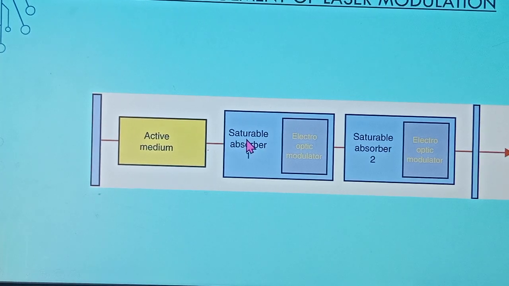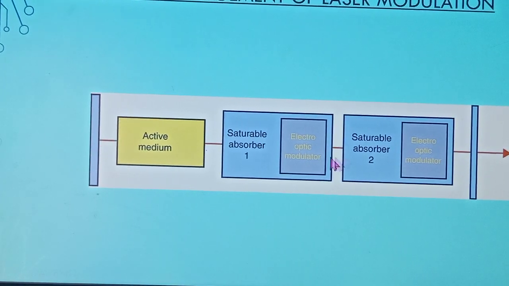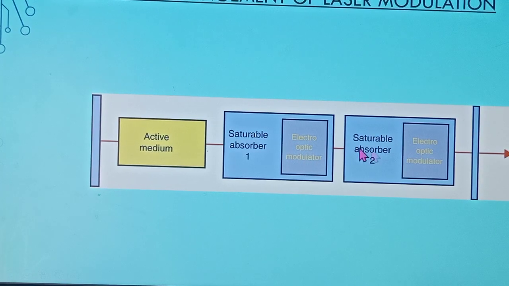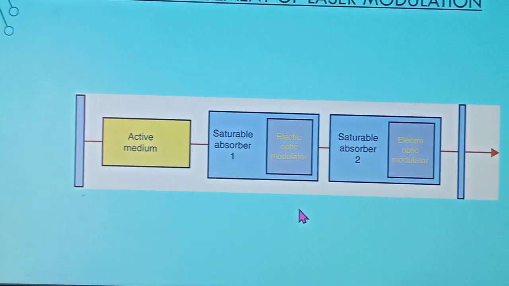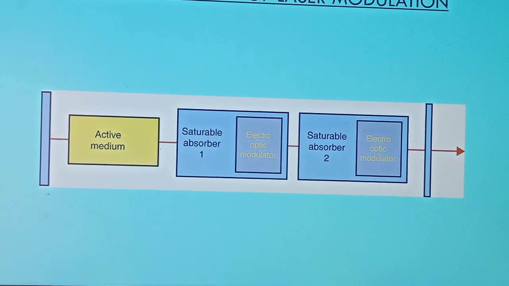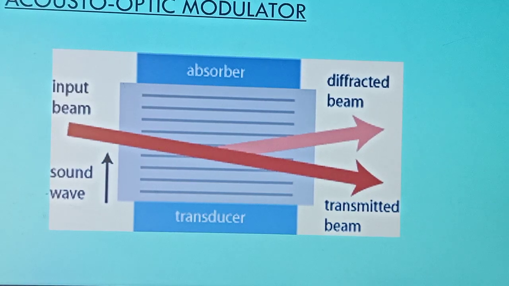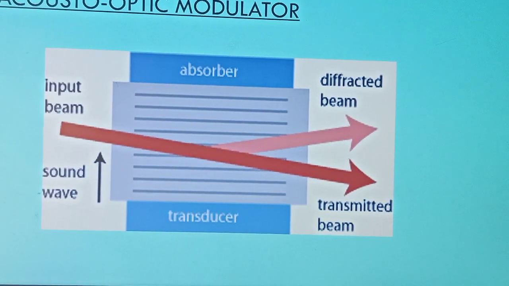When you put a saturable absorber, we are going to have passive mode locking, and for active mode locking, an electro-optic modulator can be used. That's how we make it passive or active in nature.